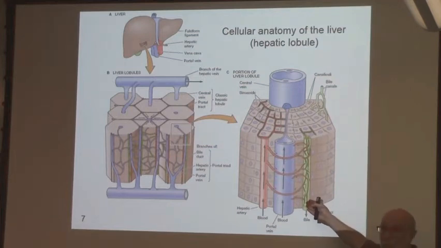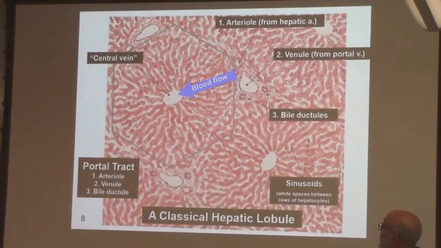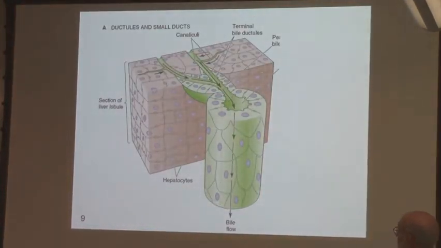So these small bile ducts are going to join together to form a major duct, like the left or the right hepatic duct.